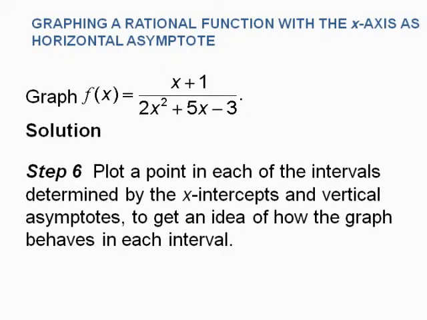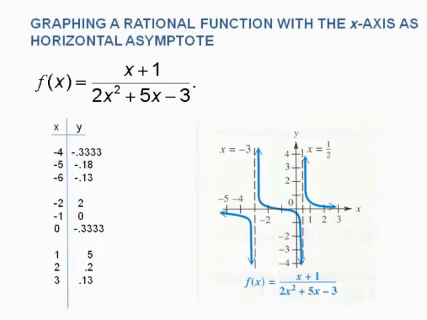So now we're going to plot some points here in the intervals determined by the x-intercepts and the vertical asymptotes. So we're going to take some points left and right of the VA, get an idea of how the graph behaves. And here is what it's going to look like. Now notice, since I have two vertical asymptotes here, I've got x equals negative 3 and x equals 1/2.